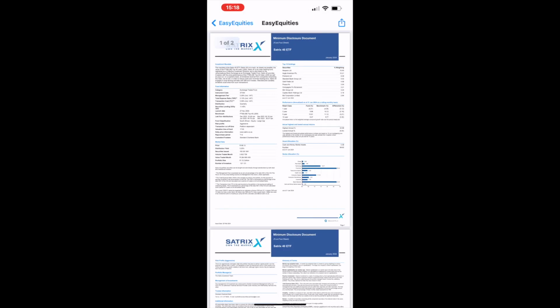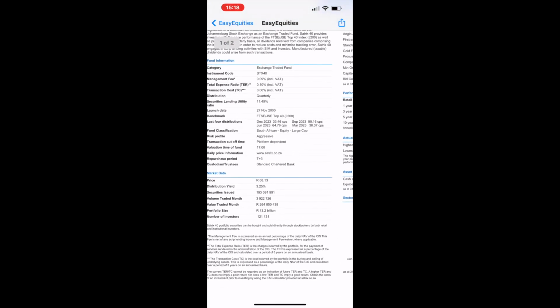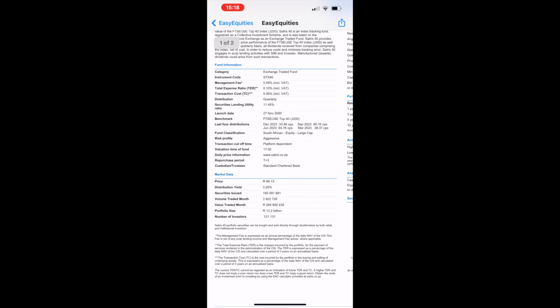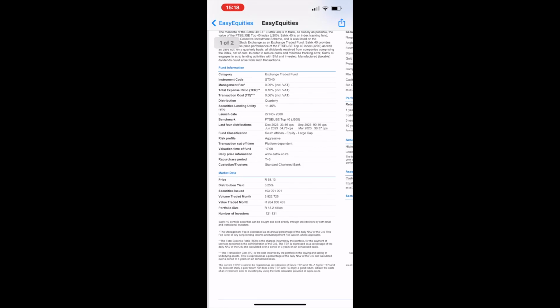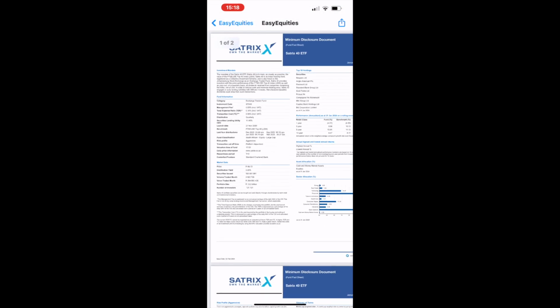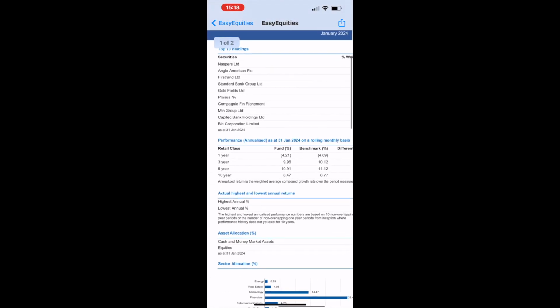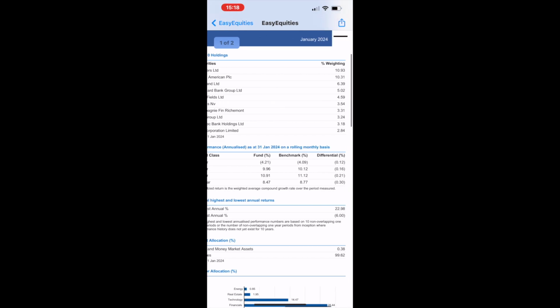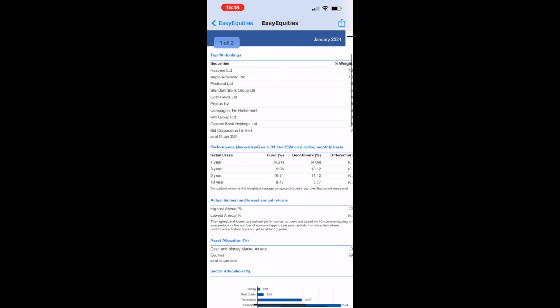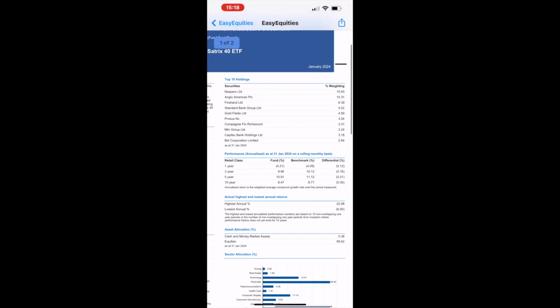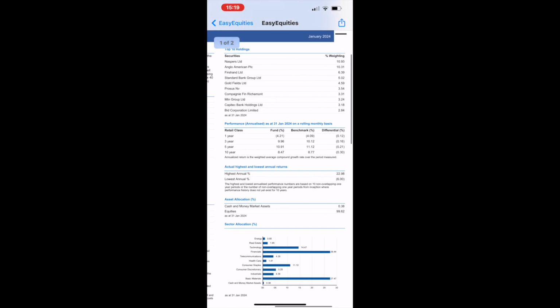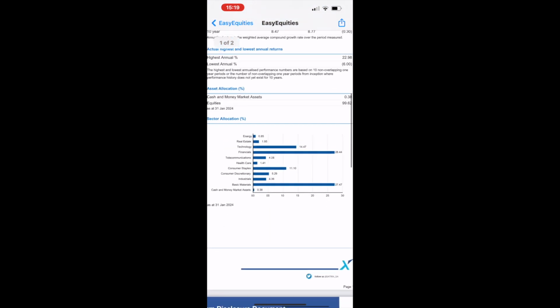With the ETFs, I always love looking at the minimum disclosure document. This minimum disclosure document gives me all the information that I need. Does the ETF pay me monthly, annually, quarterly? What are the interest rates? What are the charges when it comes to the account? How does the company perform?